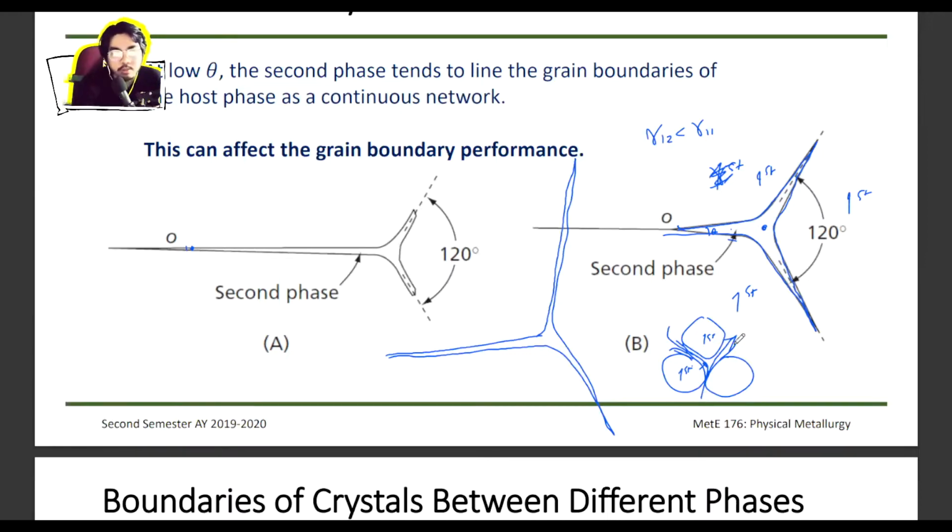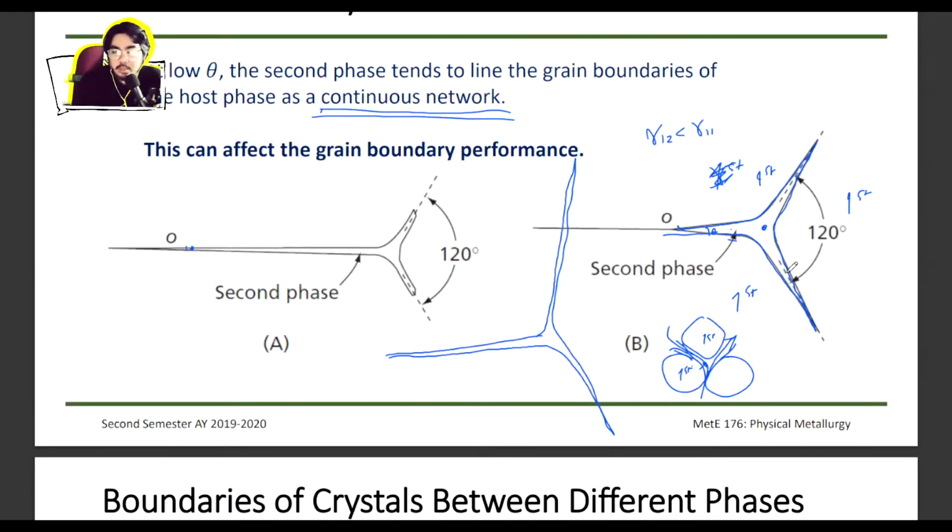And this occurs for the staple example nitong producing a continuous network, which is very detrimental, a thin film of continuous network that surrounds the grains themselves.